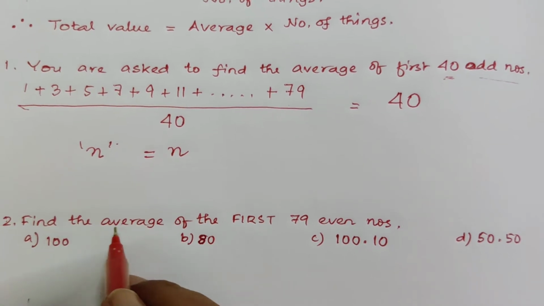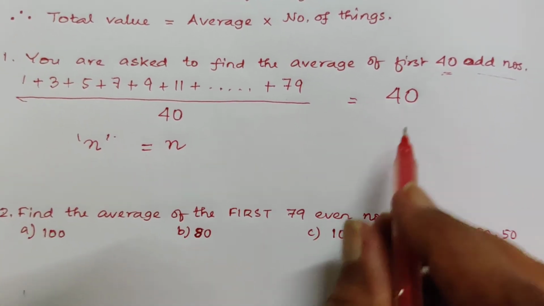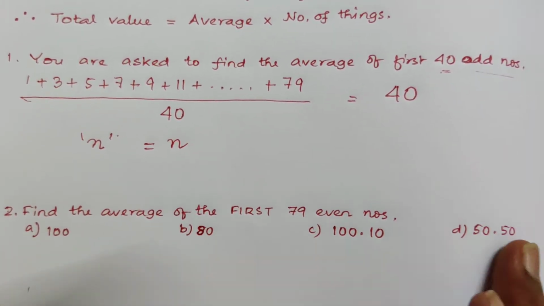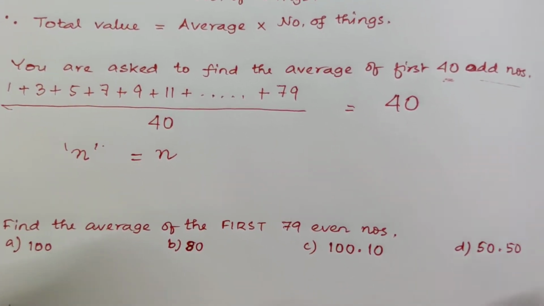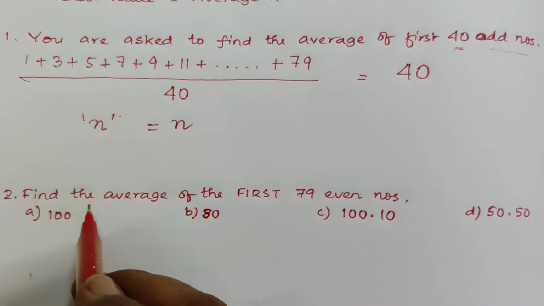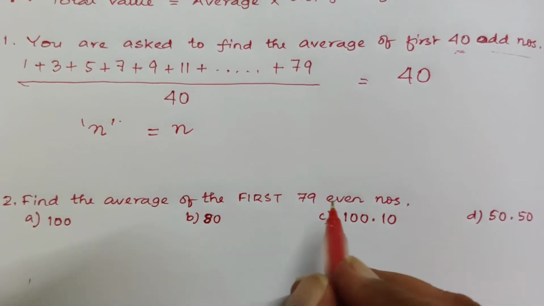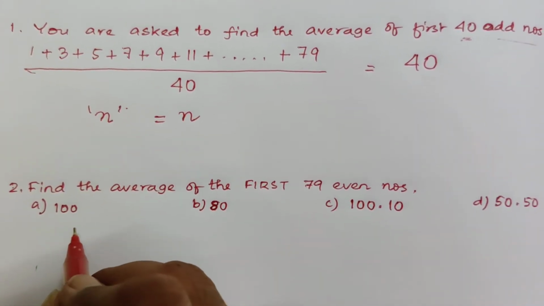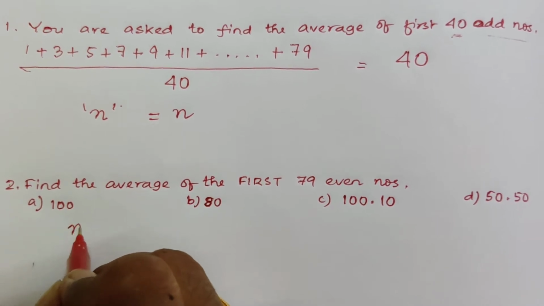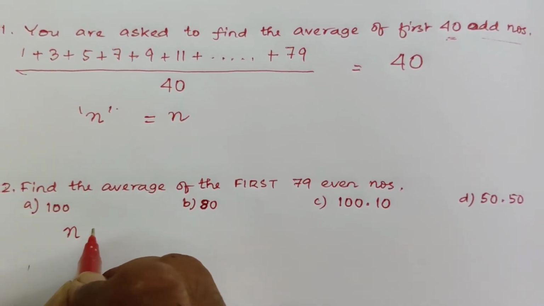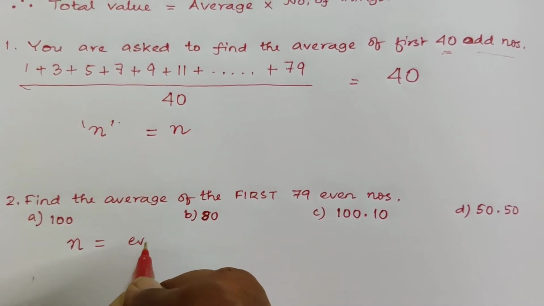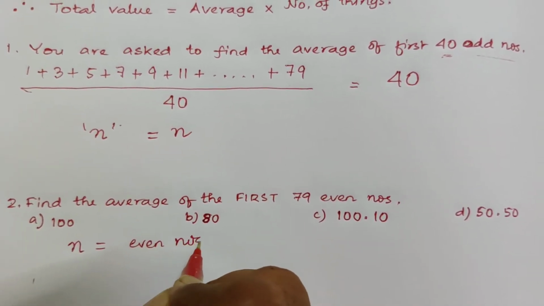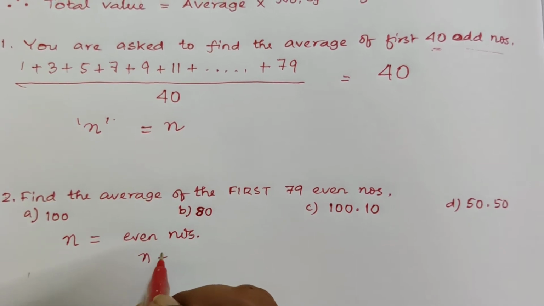Now, if we have to find the average of even numbers instead of odd numbers, will the answer be the same? No. If we are asked to find the average of the first n even numbers, then our answer will be n plus 1.